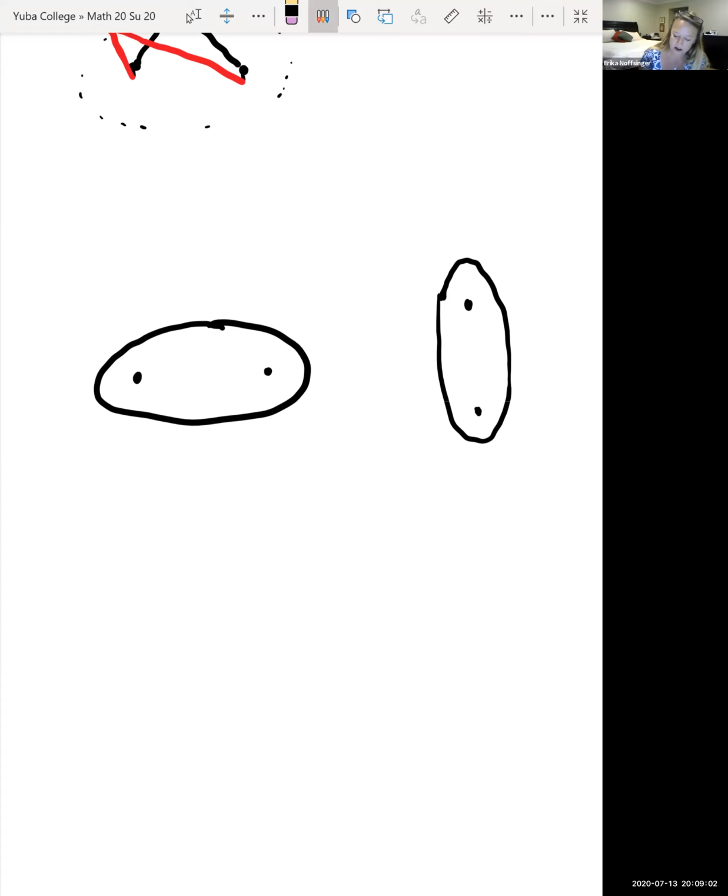If we draw a horizontal and vertical line, so if I draw a horizontal line through the focus, this horizontal line is called the major axis. Major axis.